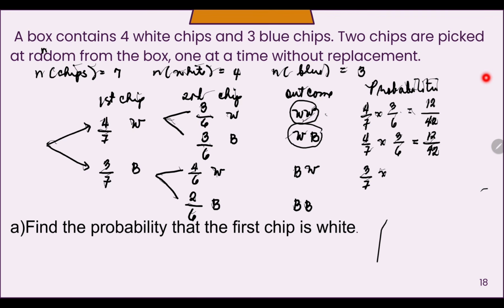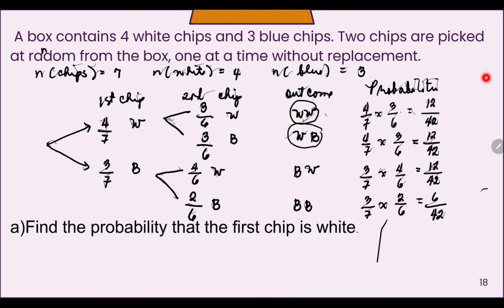White is 4/6, giving us 3 times 4 is still 12 out of 42. Then we have black, that would be 3/7 multiplied by 2 out of 6, giving us 3 times 2 is 6 out of 42.